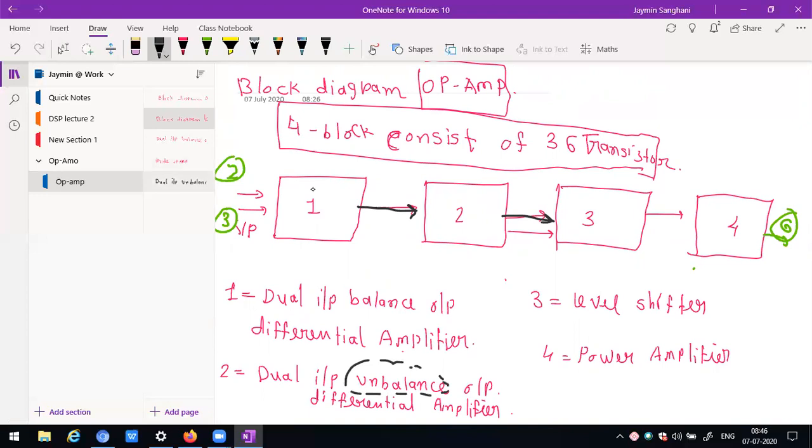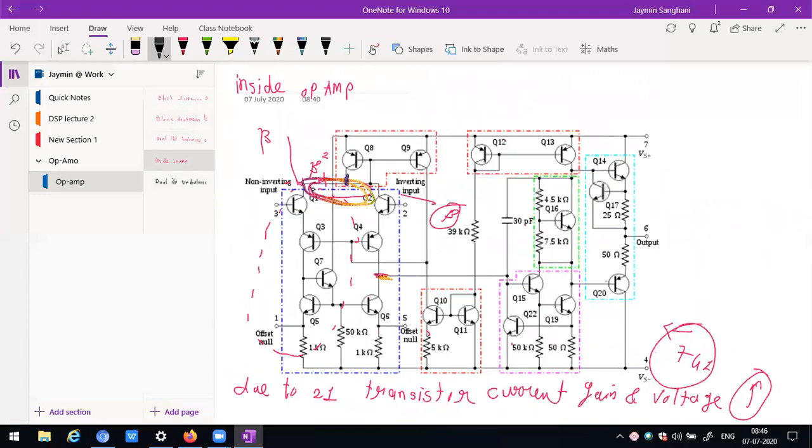And see inside the op-amp diagram, there are a number of stages at which we want to improve the current gain. The third terminal is known as non-inverting, the second terminal is known as inverting, and the sixth terminal can be considered as the output. Here is plus VCC and here is minus VEE, which are known as DC voltage.